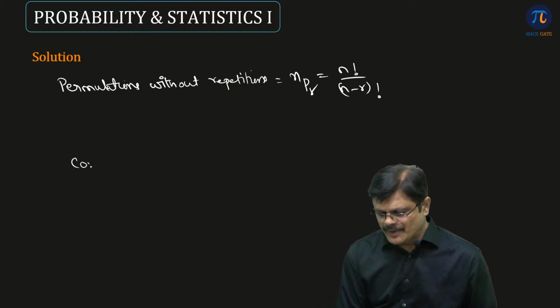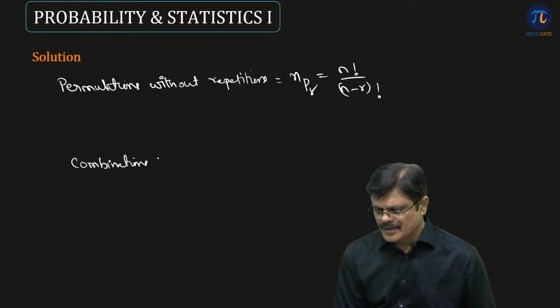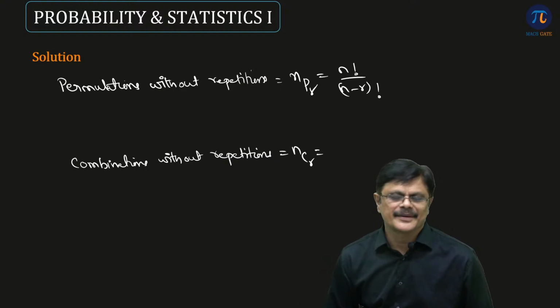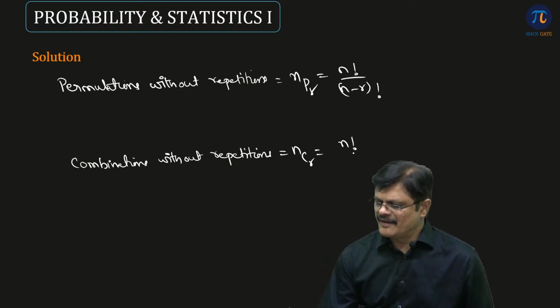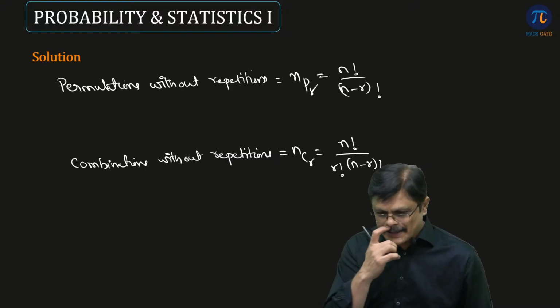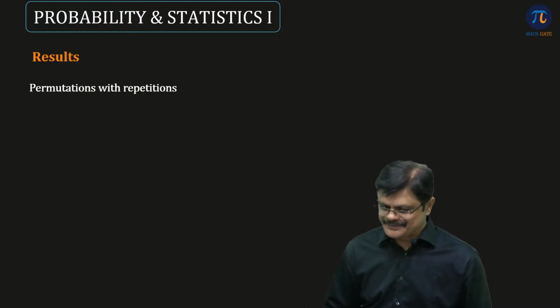And what about combinations without repetitions? Combinations without repetitions, it is nCr. What is it? n factorial by r factorial into n minus r factorial. So that is the answer. Is the idea clear, sir? Clear to you all? Wonderful.